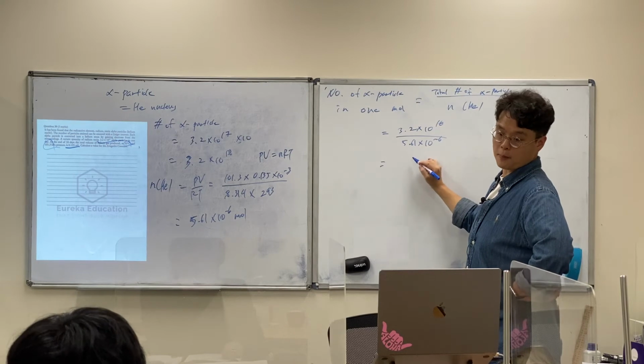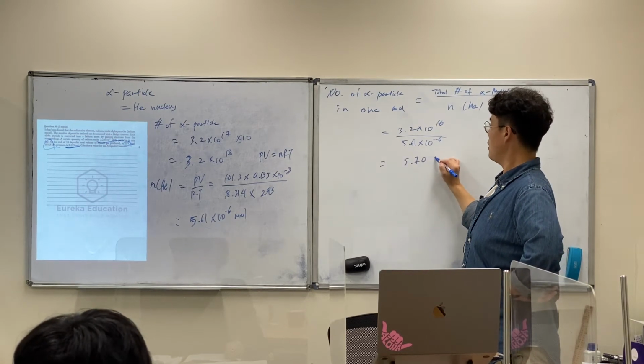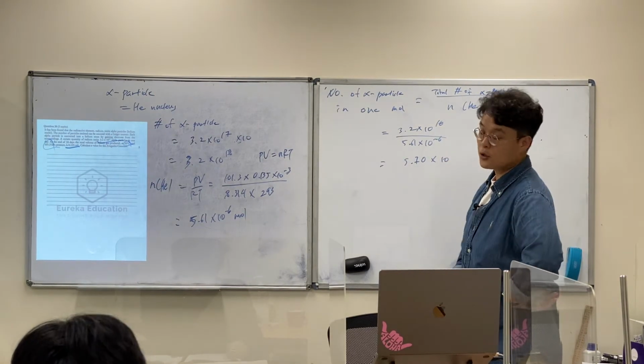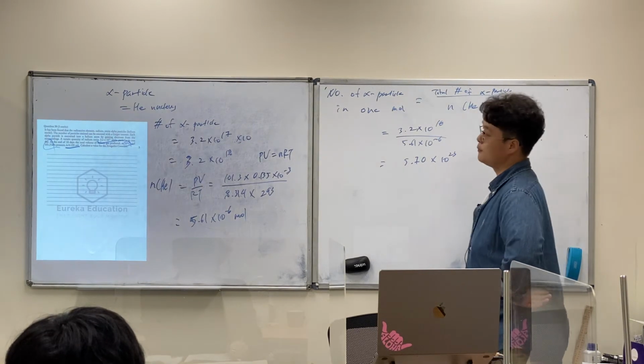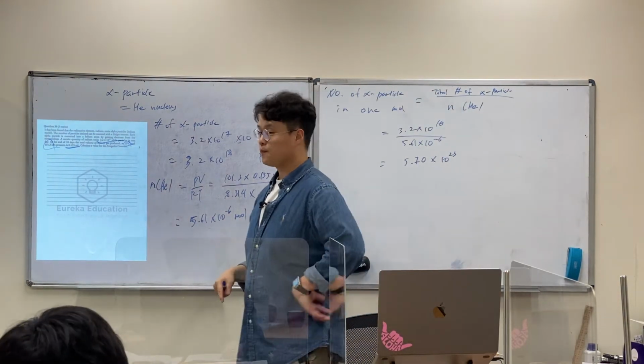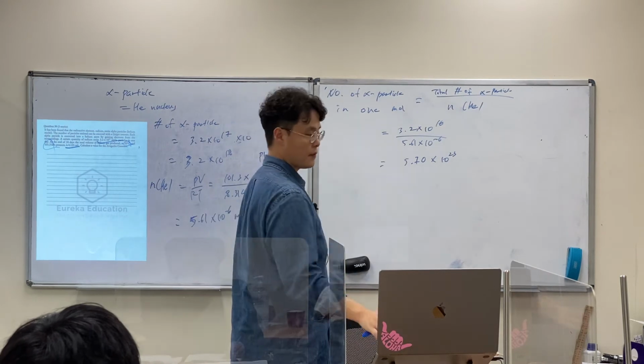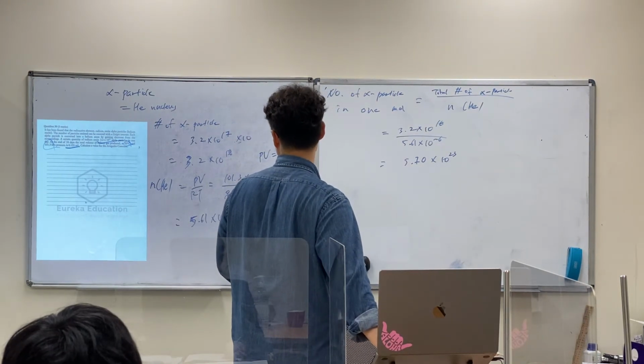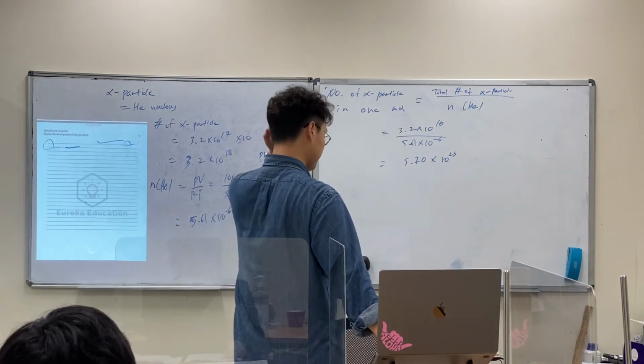Then you should have 5.7 times 10 to the power of 23. It's not really a straightforward and easy question because it uses alpha particles and gamma.